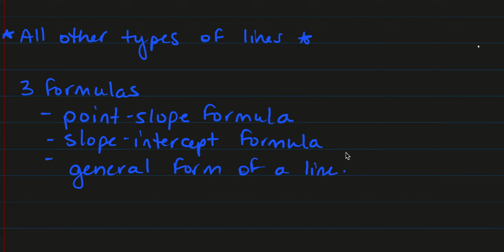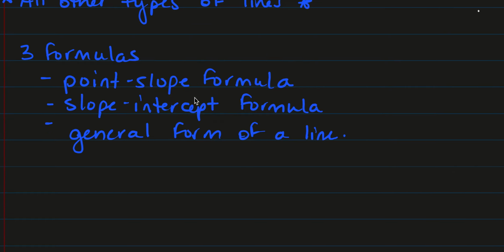We're going to start off with point slope form. And there's a reason it's called point slope form, because this form is always the easiest when you have a point and the slope of a line.